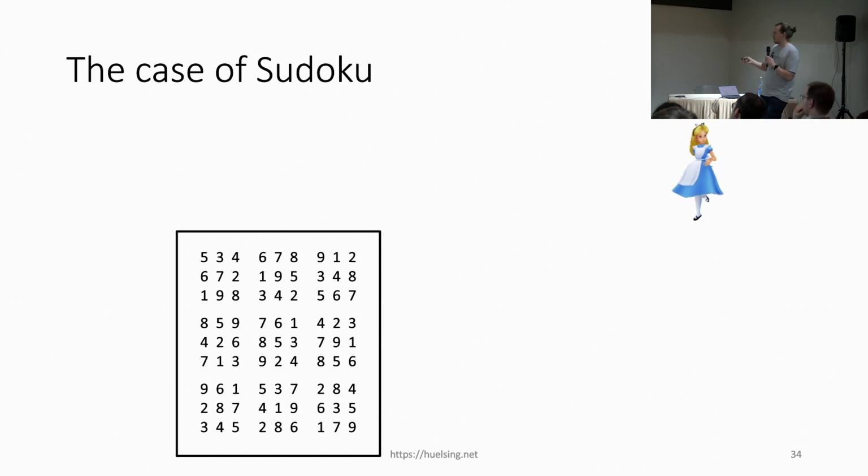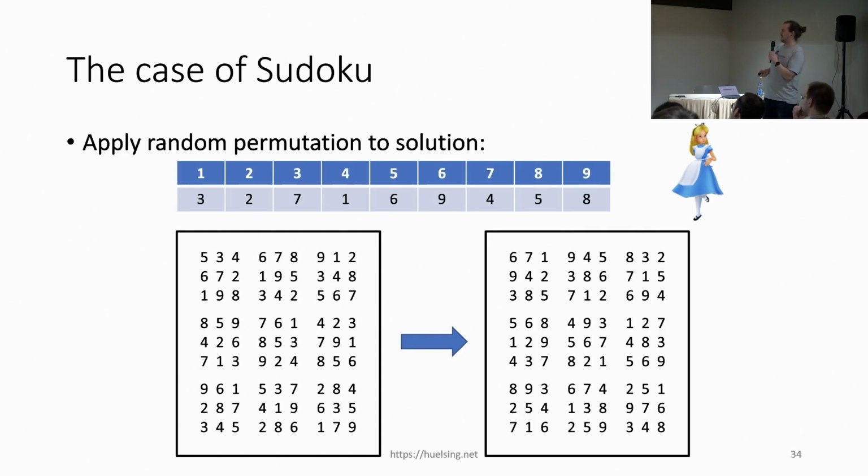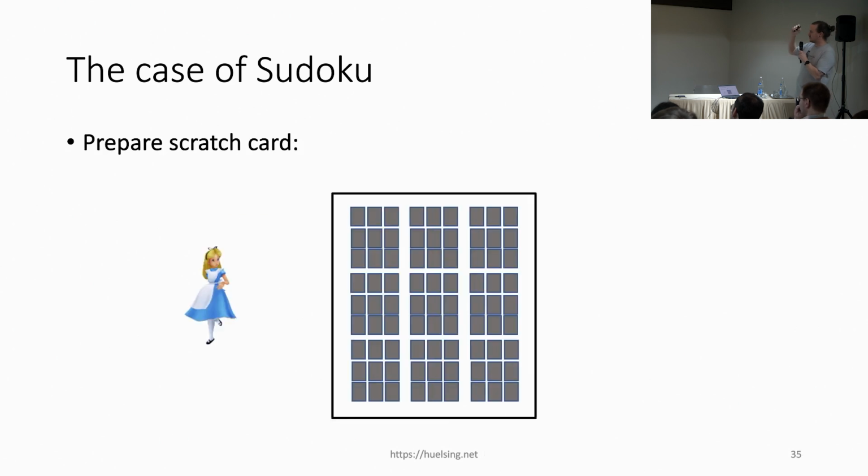I think I checked. I tried. The first thing she does is she applies a random permutation to the solution, which gives her a new Sudoku, just by relabeling. If you want to generate Sudokus, it's an easy way to get cheap Sudokus. So this gives you a new Sudoku.